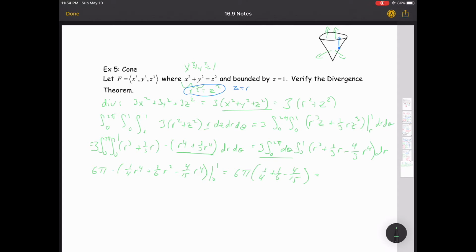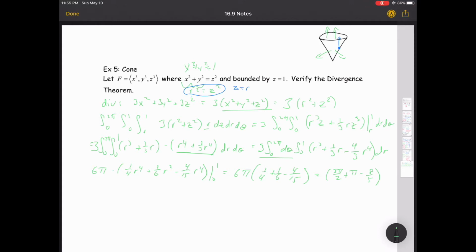So if we multiply the 6 pi through, 6 pi over 4 is going to be 3 pi halves. So we get 3 pi halves plus pi minus, what is that, 24 pi over 15, but 3 goes into both of those, so it's 8 pi over 5. Well, that's going to be a little bit easier because I know that everything's in terms of tenths here.